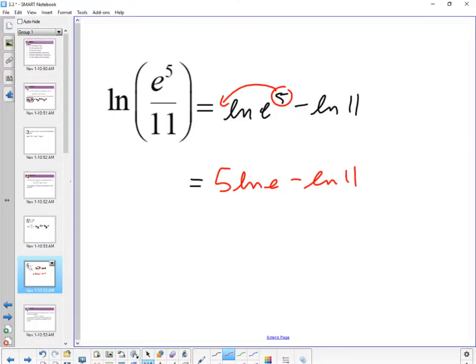It'd still be the same thing. It's a rule saying I could take that 5 on the exponent and kick it to the front, converting it to a product. And you'll end up with the same thing, because what is ln e? It'll just be 1, right? So you get 5 minus ln 11. That's all the power rule is saying.